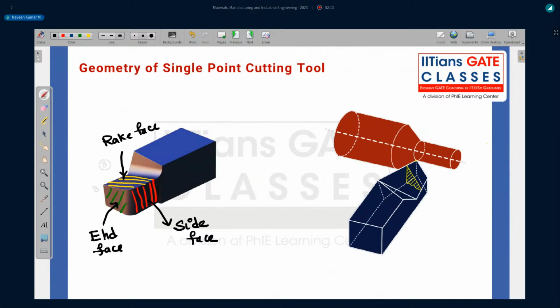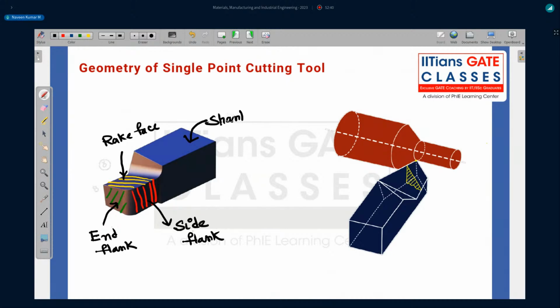Instead of face we can write flank also, no problem. Generally the end and side are known as flanks. And the holding one is called the shank.